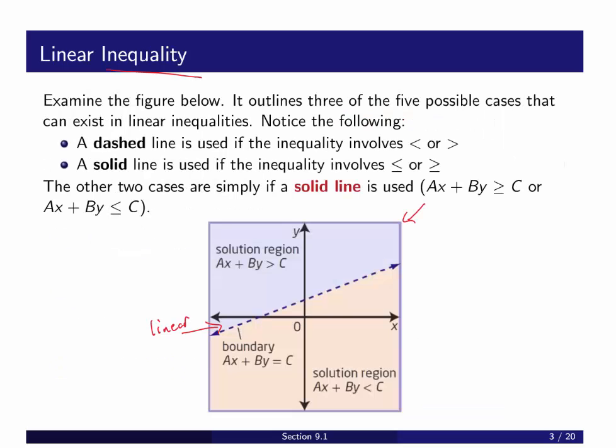So when we graph that, it looks like this, a solution region. Now these are colored, but what will this look like? The reason this is dotted is because it is using one of these two signs. A dashed line means you're not going to include the line as part of the solution.